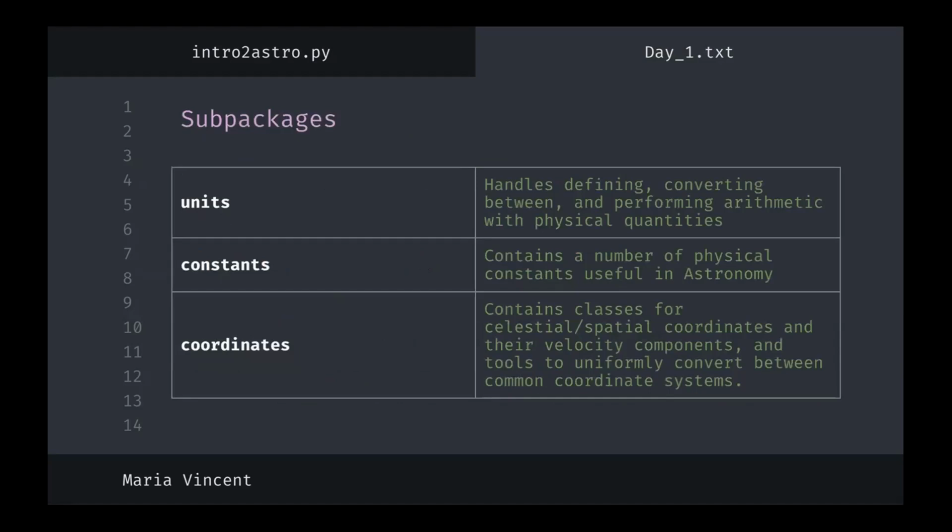So these are some very common Astropy subpackages: units, constants, and coordinates. I'll show you units and constants a little bit later. Coordinates is useful when you are talking about coordinates of various astronomical objects. For example, in astronomy, we use two coordinates, RA and dec, which is right ascension and declination, very similar to latitude and longitude we use for maps.